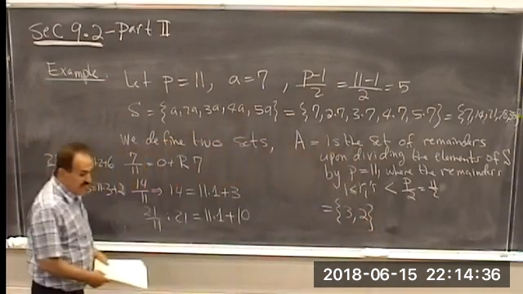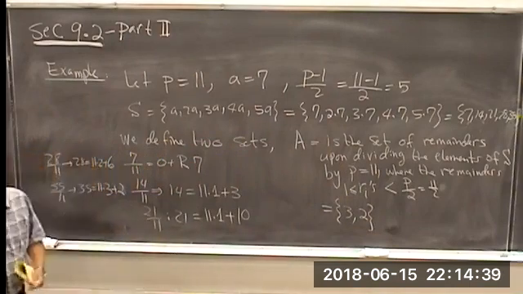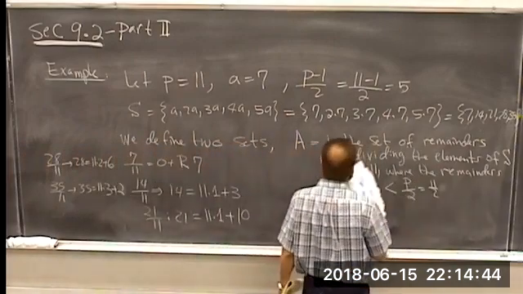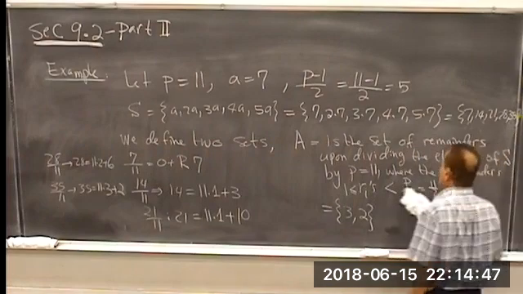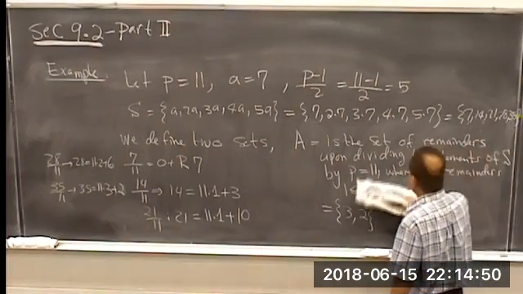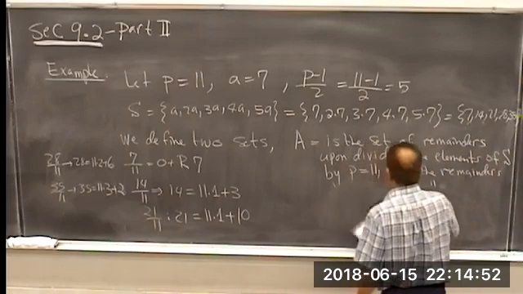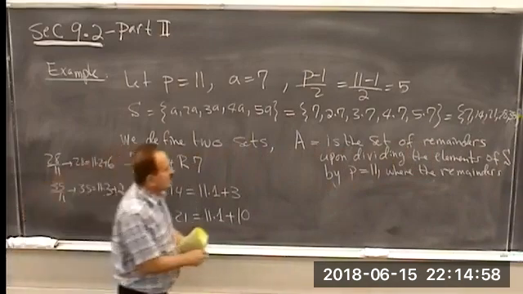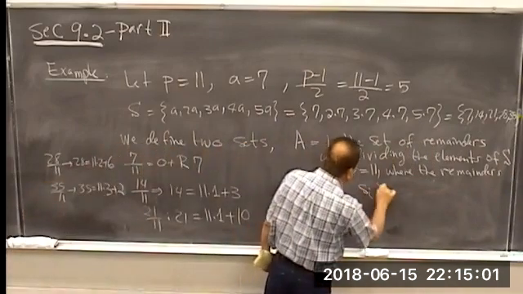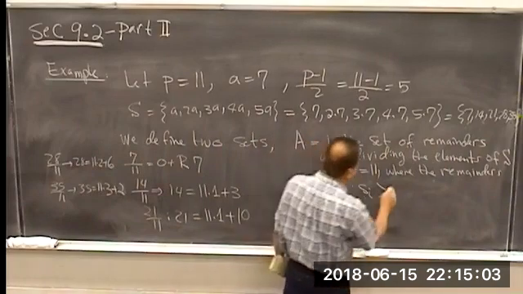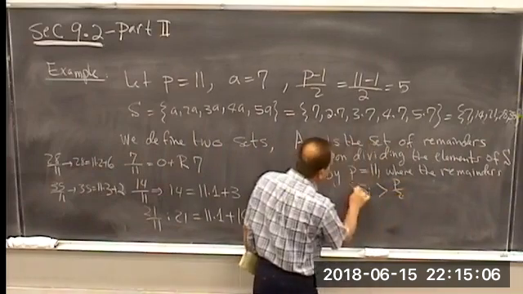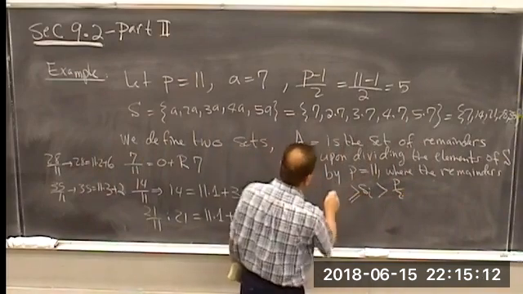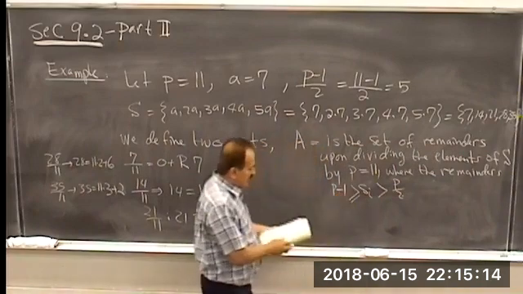The other set I'm going to define is called the set B, and you guessed it, this one is the set of remainders upon dividing the elements of S by 11, where the remainders, which we denote in general by S sub i's, are bigger than P over 2. Of course, the highest it can be is P minus 1.